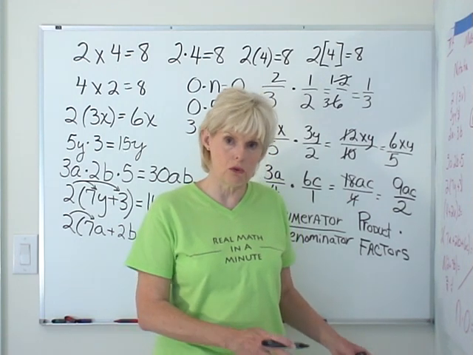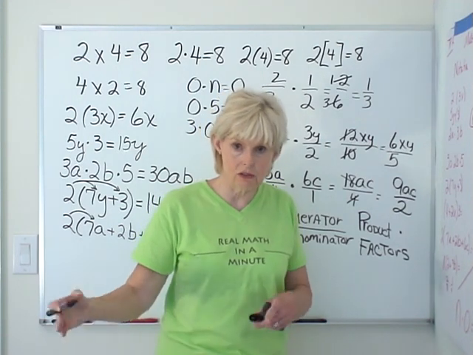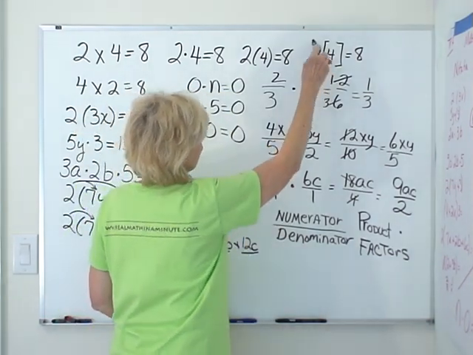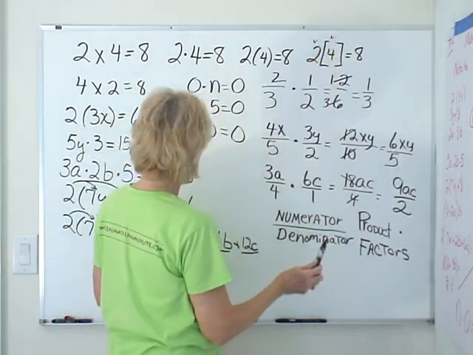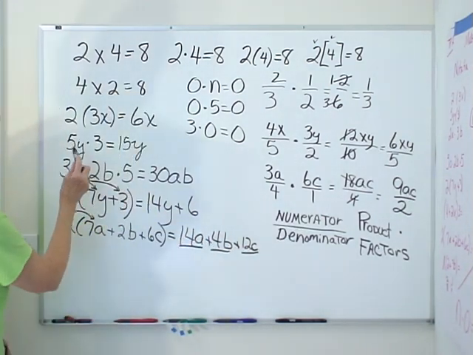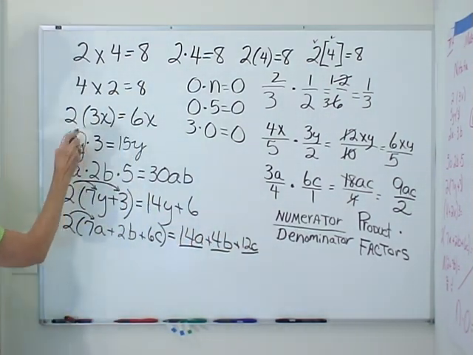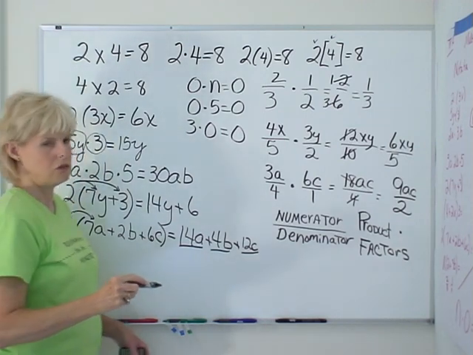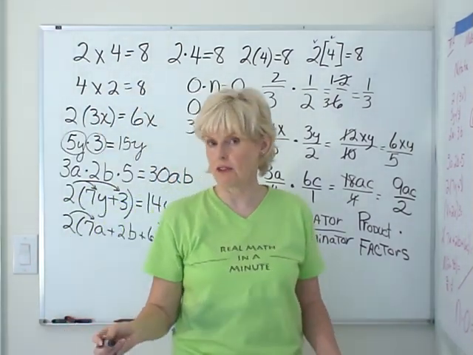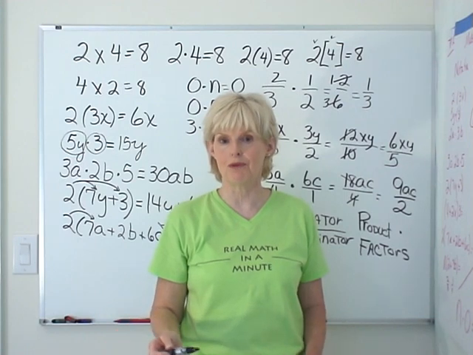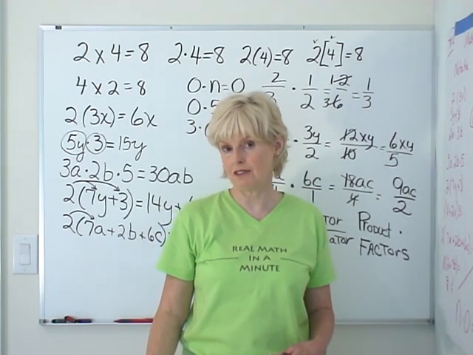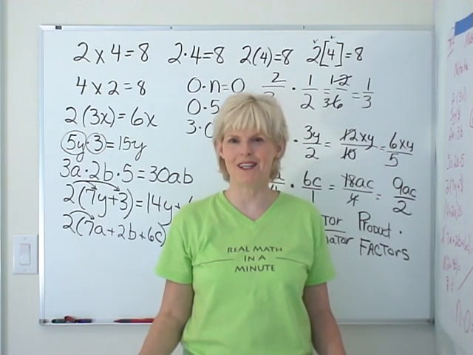Factors are what you multiply to get the solution. Our factors here are 2 and 4. Our factors here are 5y, that's a factor, and 3. There's so much fun we're going to have with factors as time goes by. But what I want you to do now is practice this, rehearse it, master it, and I'll see you soon.